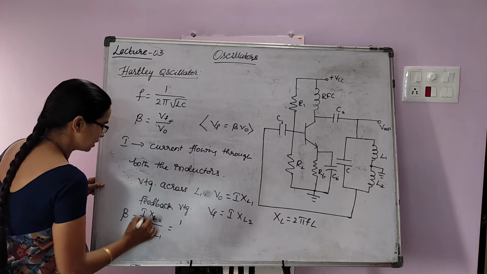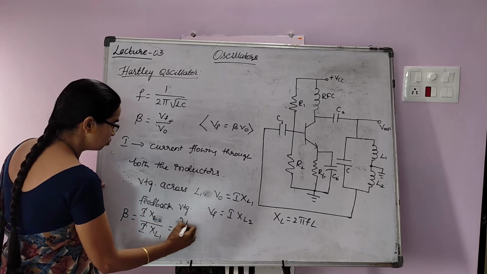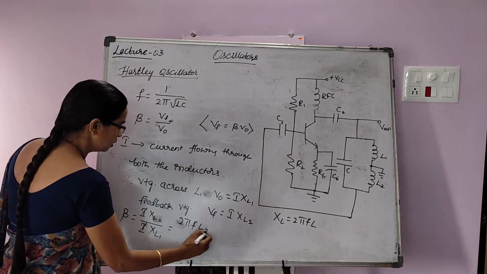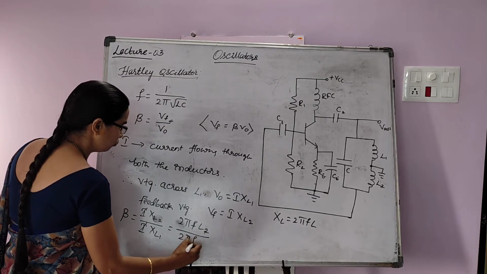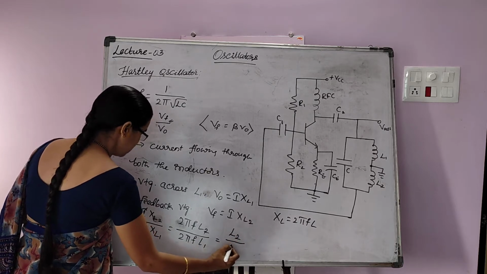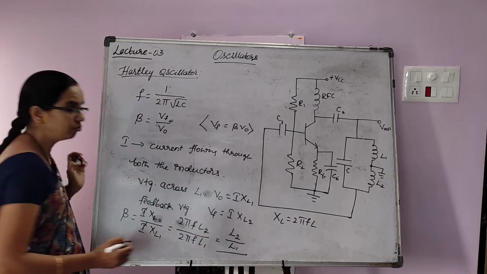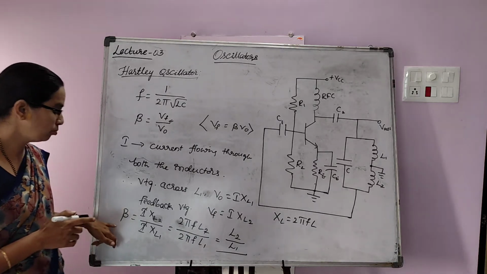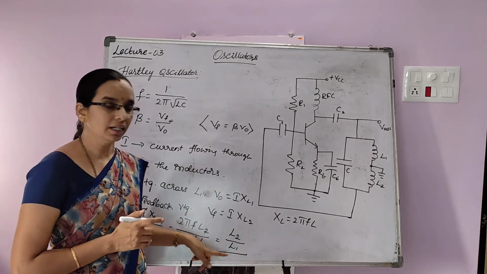I gets cancelled, so it is 2 pi F L2 divided by 2 pi F L1. So the feedback fraction is a ratio of L2 by L1. The feedback fraction beta is equal to L2 by L1.